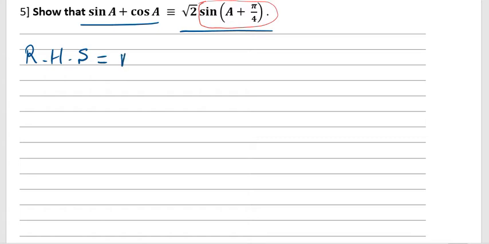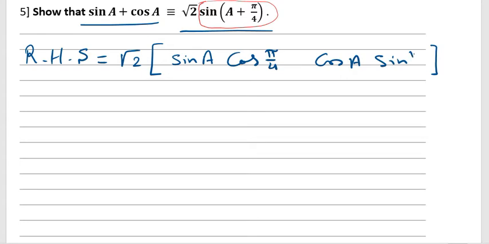It will be root 2 inside the bracket, sine cosine, cosine sine. The first angle is a, the second angle is pi over 4. The sign between, positive or negative, will be the same as in the bracket.